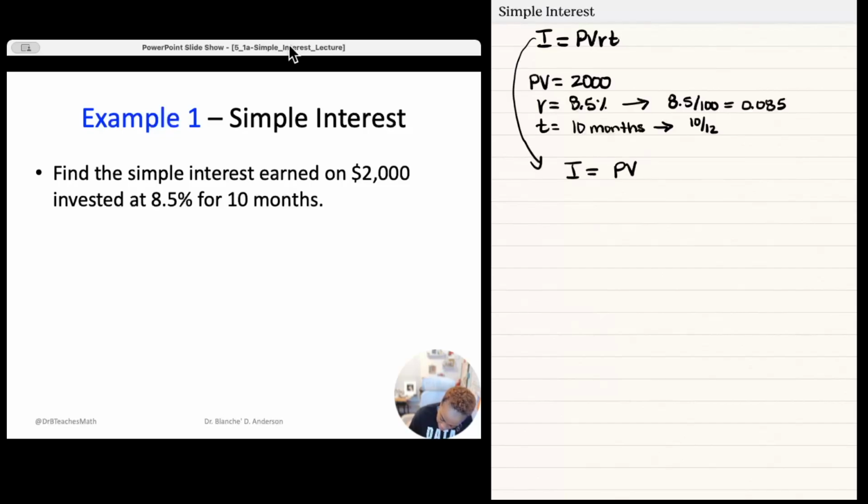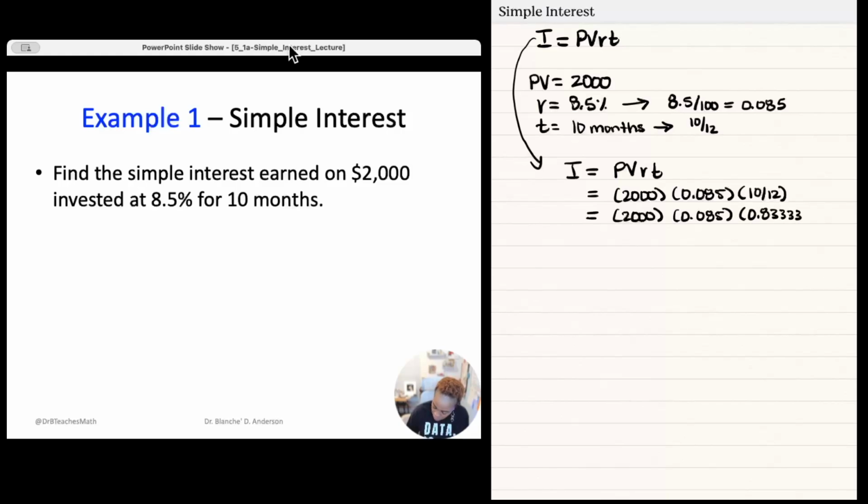So we already have our formula, right? So now you just plug and chug. So that's going to be 2,000, right? Times 0.085 times 10 out of 12. And I'm writing it sideways. I apologize. And then y'all know me, I'm going to show all the steps. When you put 10 out of 12 in your calculator, you get this long decimal, 1, 2, 3, 4, 5, 6.